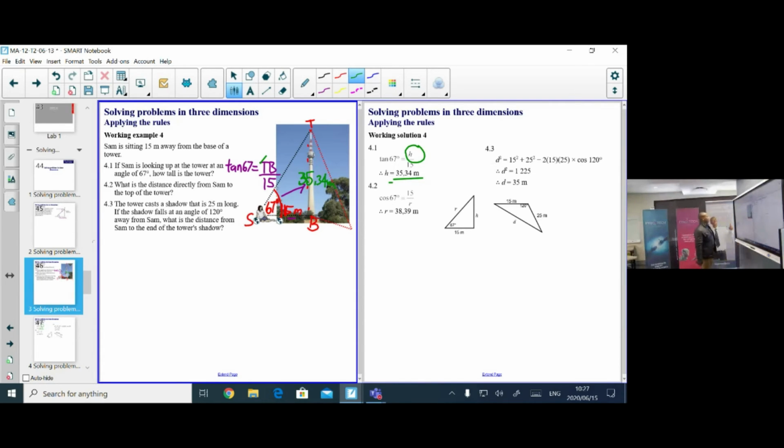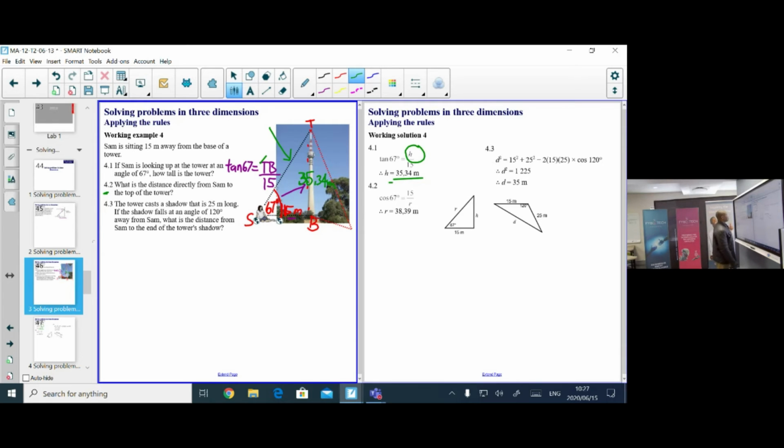Okay. The next question says 4.2. It says, what is the distance directly from Sam to the top of the tower? So we are looking for the distance here, which I've annotated as ST. So what is that distance?